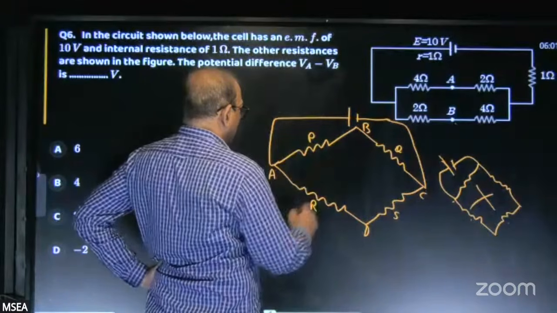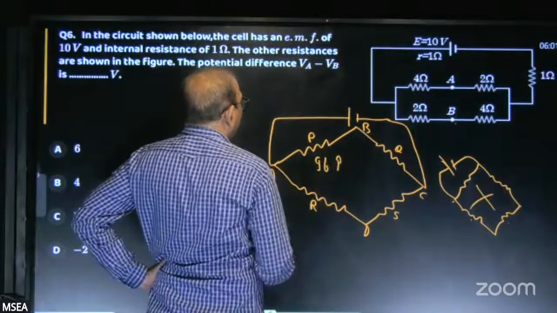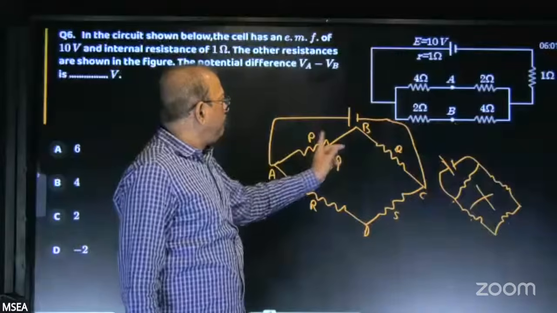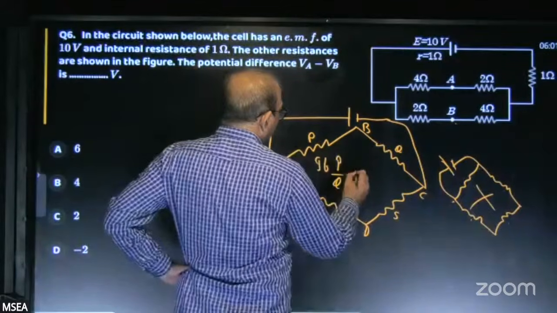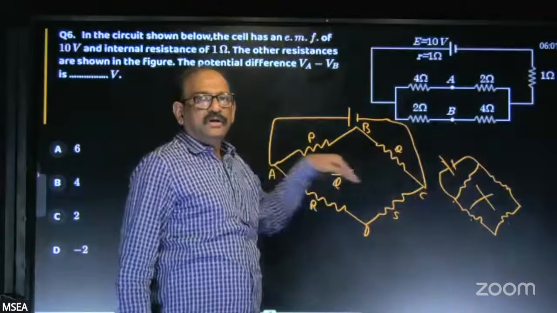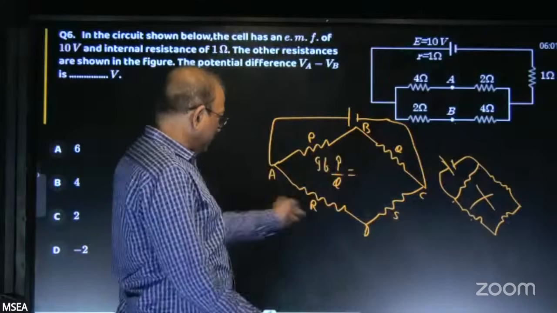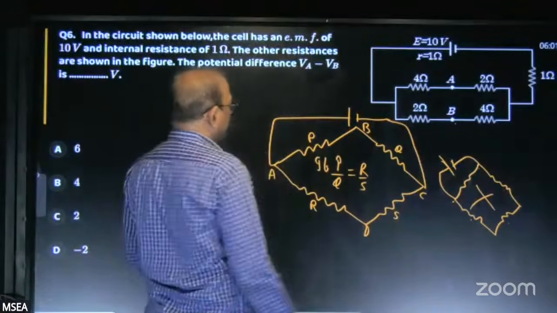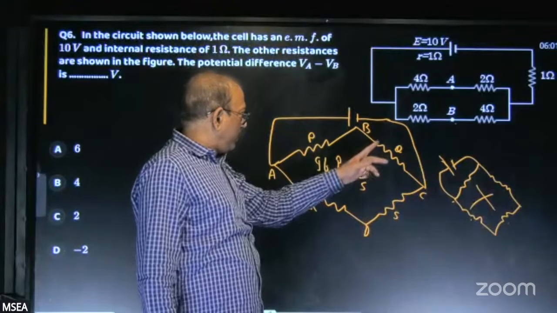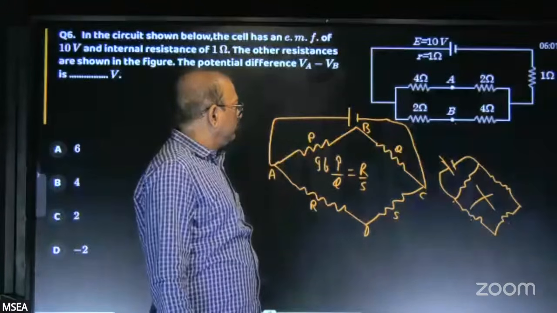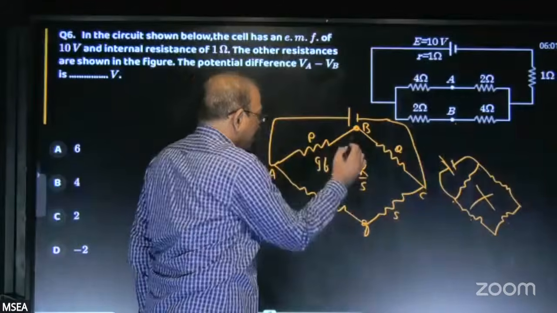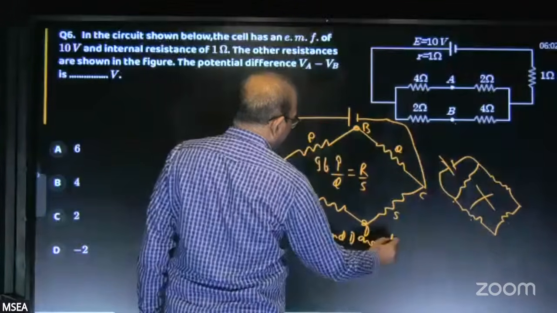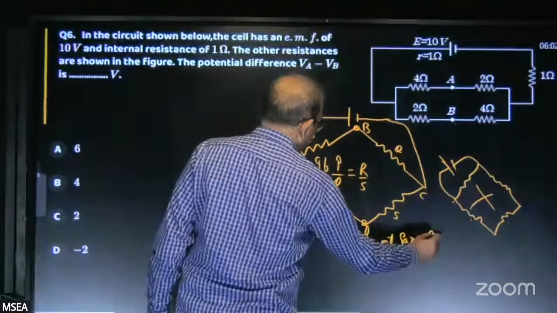And what is this circuit's principle? If the ratio of resistances in one series arm, P by Q, is equal to the ratio of resistances in the other series arm, R by S, that is, if the values of these 4 resistances are such that P by Q is equal to R by S, then this point B and this point D are at the same potential.